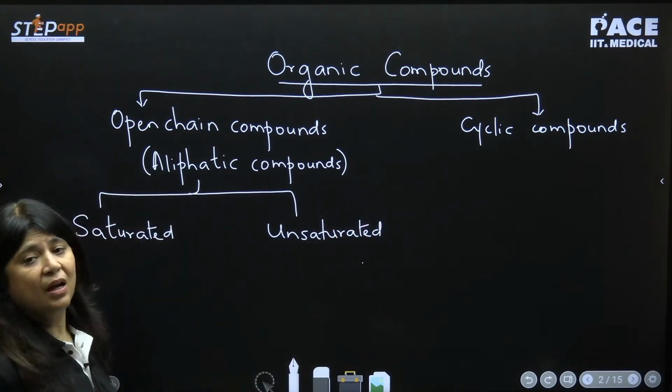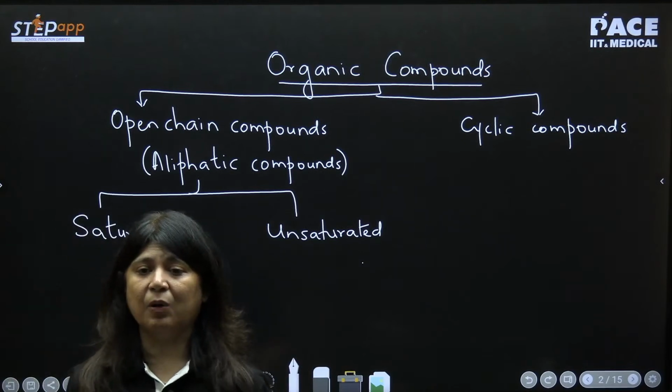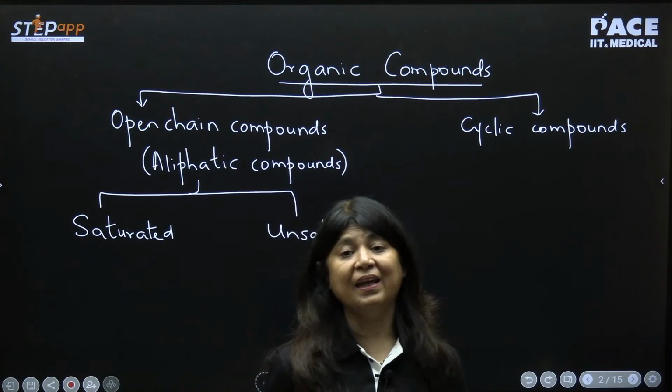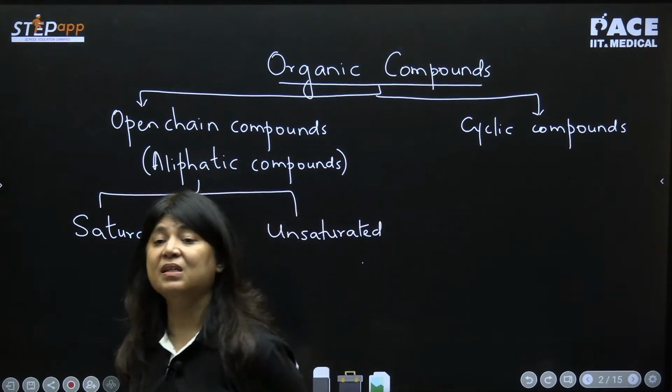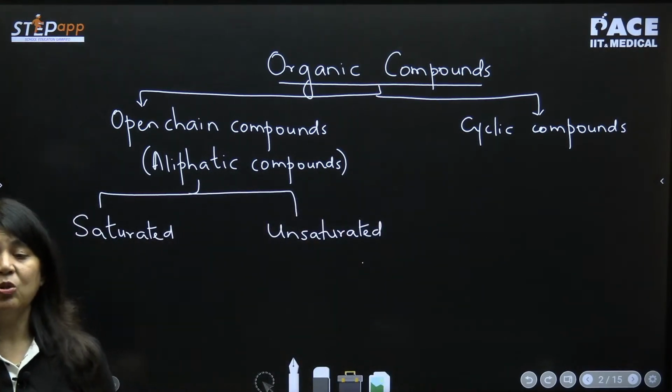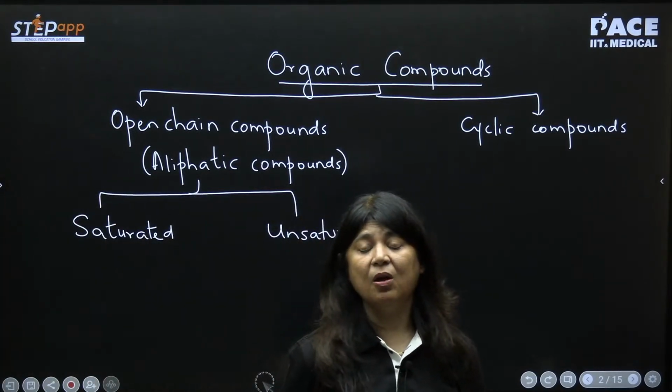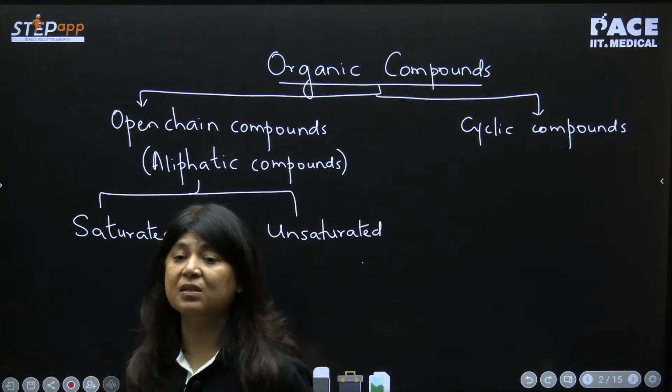A saturated organic compound is one which has no carbon-carbon double bond or any carbon-carbon triple bond present in the molecule. Okay, saturated compounds are those which do not have any carbon-carbon double or triple bond present in the molecule.